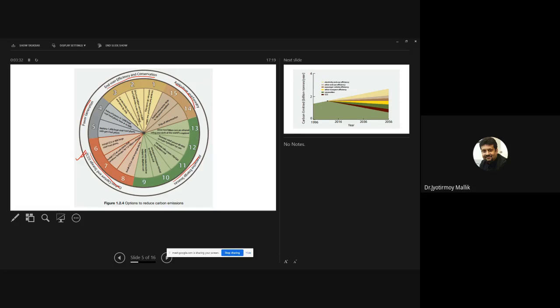Stop all deforestation. So these are some of the measures, right? Then cut electricity use in homes, offices, and stores by 25%. So that is kind of in the end user efficiency and conservation bucket, right?